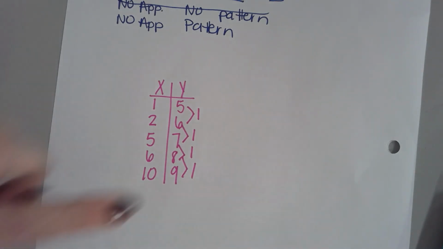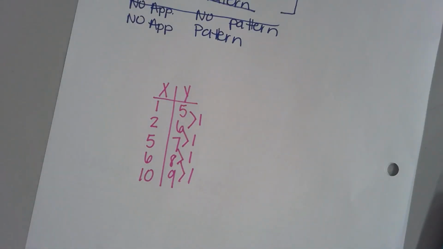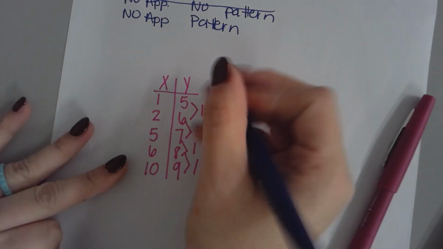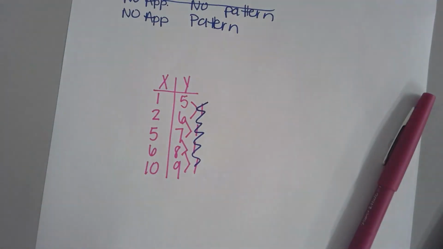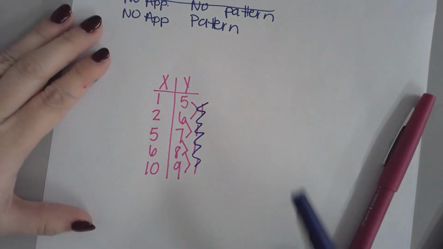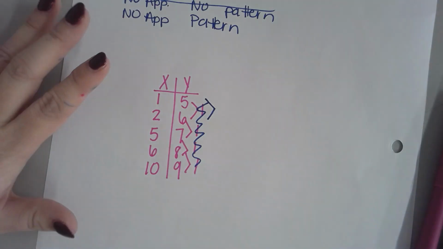That doesn't work because these are not equal length input values, I think is the phrase. If you need to find the first difference in this case, you really have to do the full slope.